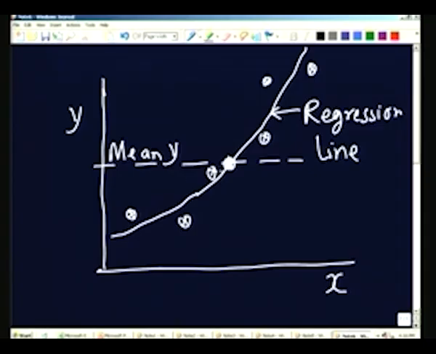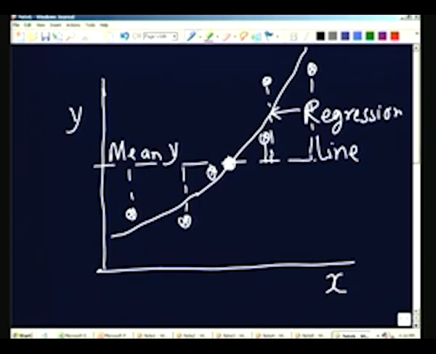You see that with respect to the mean value of the y, these are the differences. If I draw a line from there to there, these are the differences. I have just taken a few points. If you have more points, you will see a much better description of what is happening.